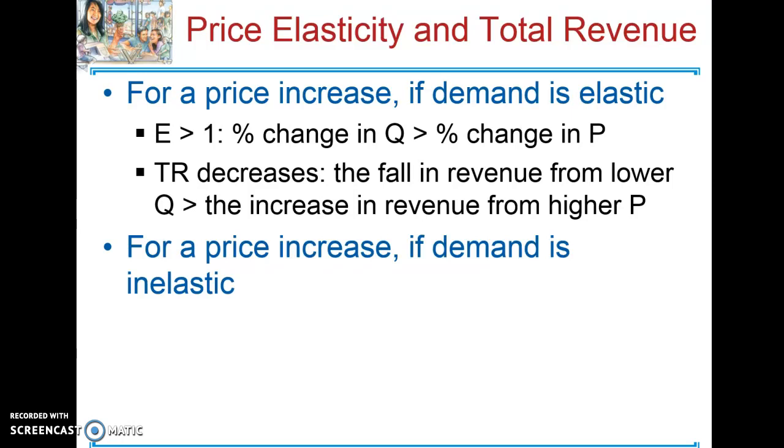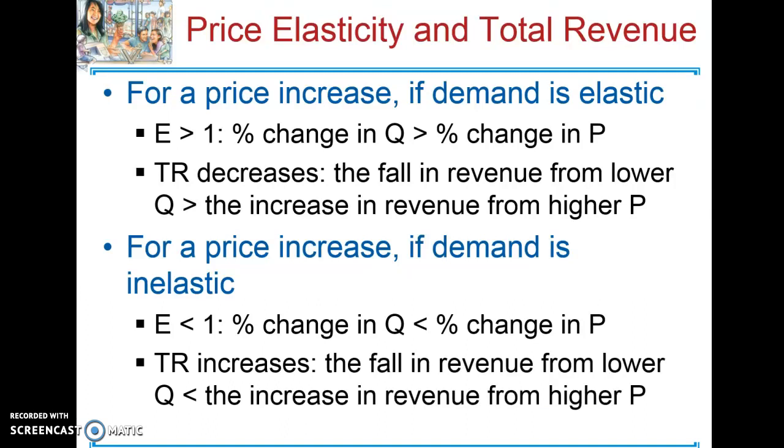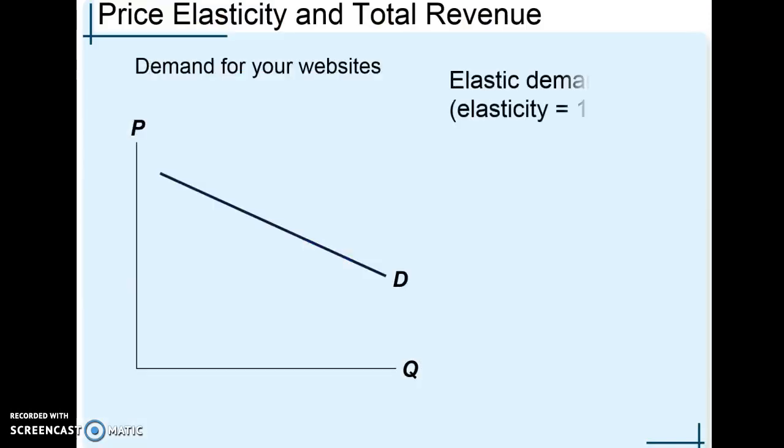For a price increase, if the demand is inelastic, so the elasticity is less than 1, the percentage change in quantity would be less than the percentage change in price. So your total revenue would actually increase. The fall in revenue from lower quantity would be less than the increase in revenue from a higher price.